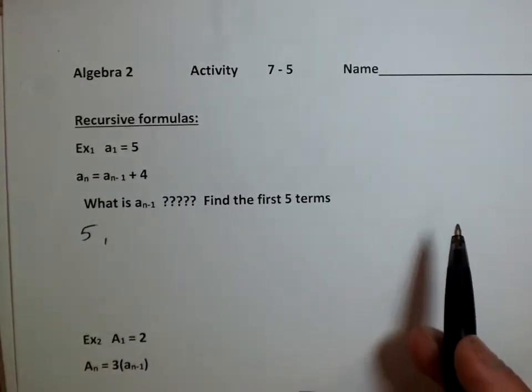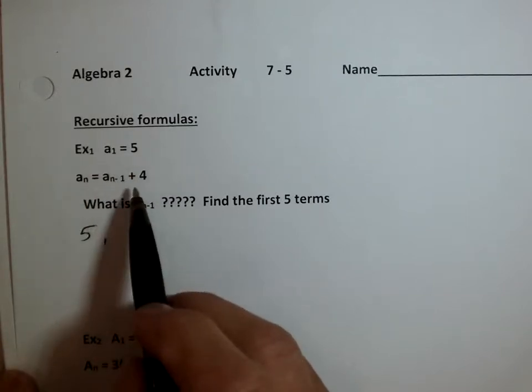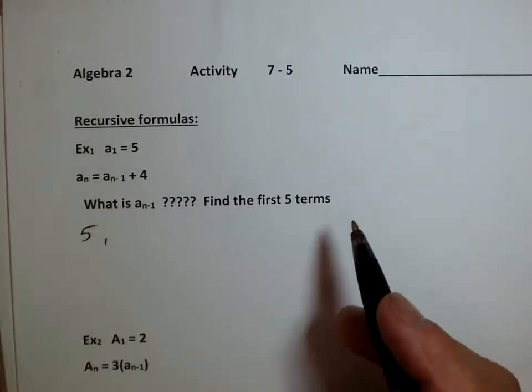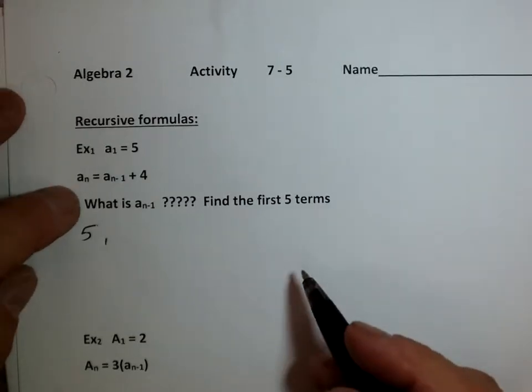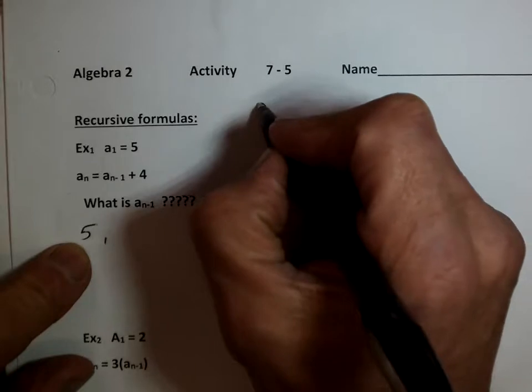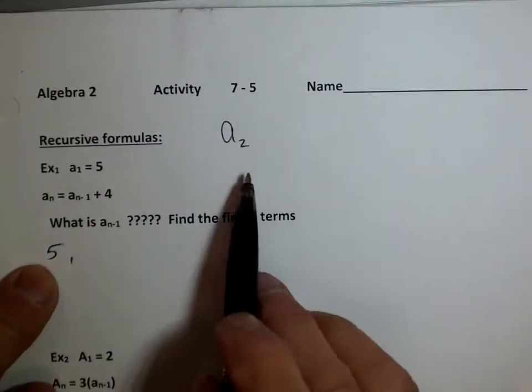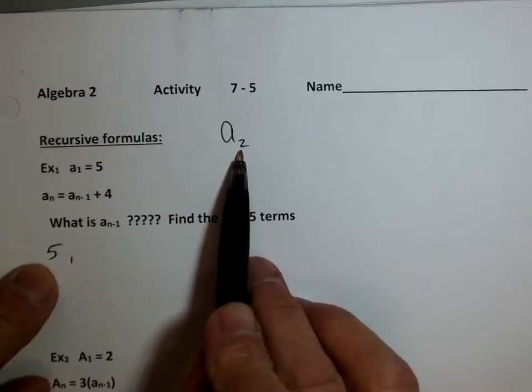So let's see. Well, this a to the n minus 1 power, what does that mean? Well, let's go ahead and do this bit by bit. I've got my first term, a1. a1 is 5. So if I want to make a2, in this case, n is 2.